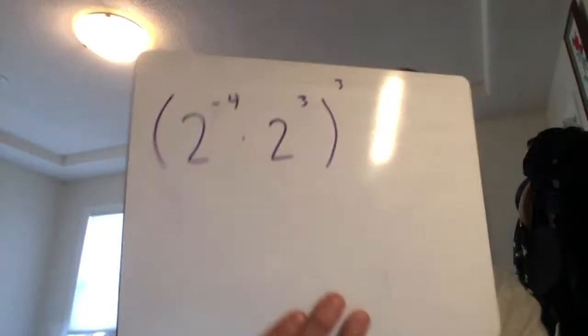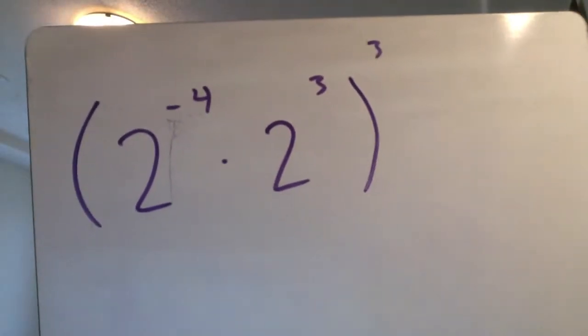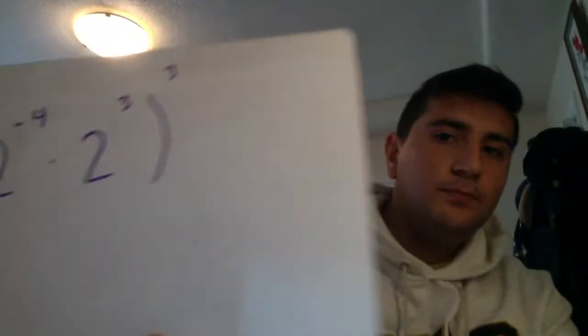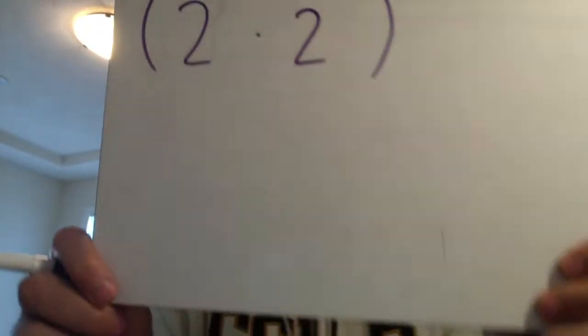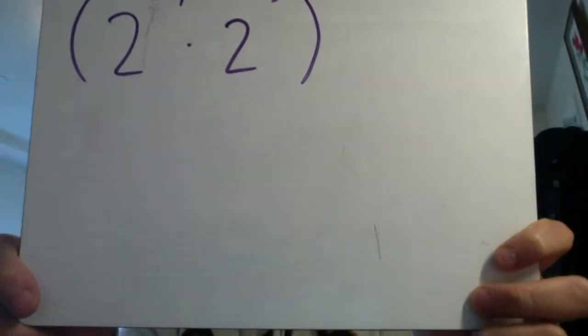Okay, so B, which of the following are equivalent to 2 to the negative 4 times 2 to the third, all raised to the third power? For this problem, can we simplify the inside of the parentheses?